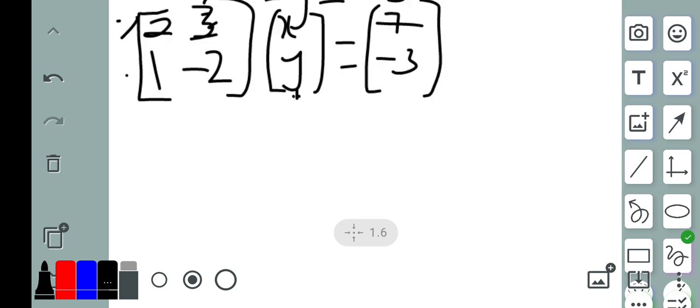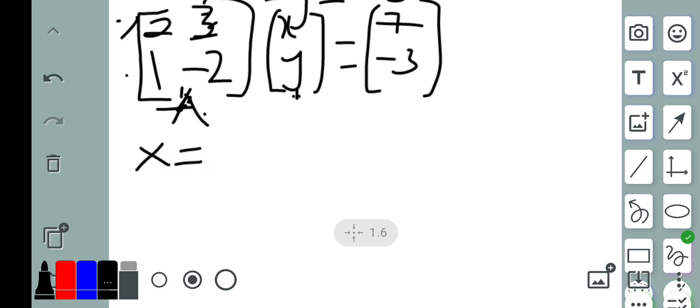Let's name this matrix, which holds the coefficients of your unknown variables, A. So this is matrix A, and we are trying to solve using Cramer's rule. First of all, the formula. There are different notations used in textbooks, and I'll use the one I like. I'm looking for the values of x and y.